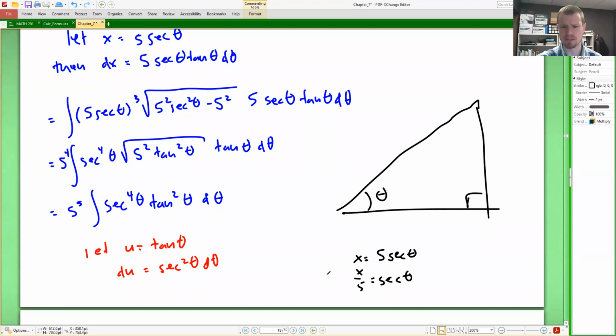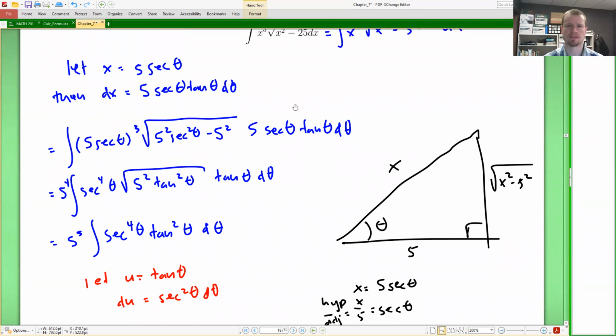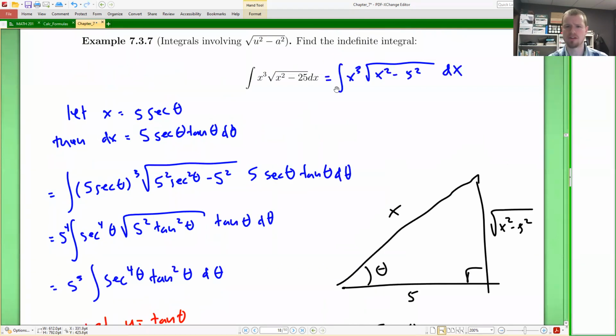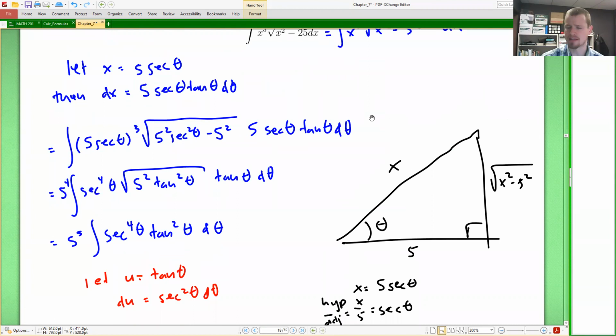So instead of adjacent over hypotenuse, this would be hypotenuse over adjacent. So our adjacent value is 5, our hypotenuse value is x. And using that, this side should be the square root of x squared minus 5 squared, which is fantastic, right? That appears here. We should expect that.